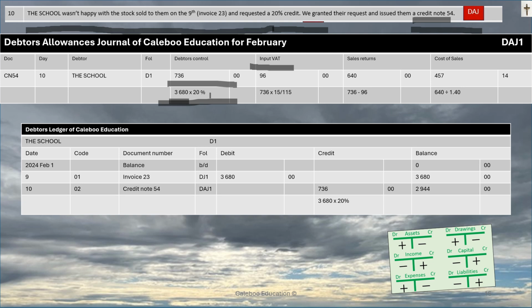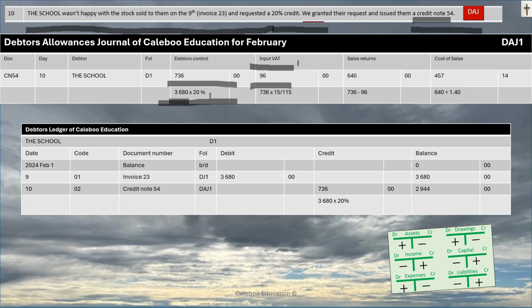Now what happened originally is when we made the credit sale, we charged the school output VAT. Now when there's a credit, we need to reverse that output VAT by debiting input VAT.